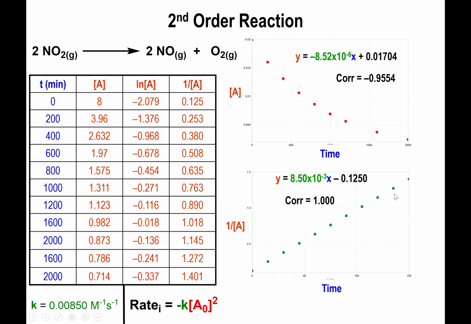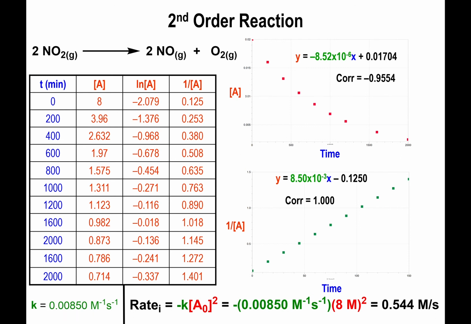All right, so using that, we can also calculate the initial rate. The initial rate is simply negative k times the initial concentration squared for a second order reaction. So we multiply 0.0085 by the initial concentration, which was 8, but we square that. So we're going to end up with 0.544 molar, and once again, this should be per minute, not per second.